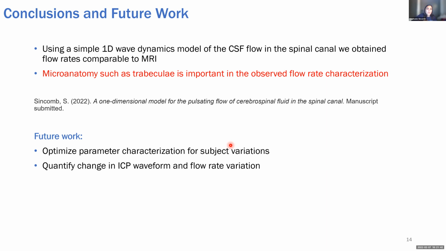We could optimize it in a conventional manner, as a simple optimization problem assuming that the compliance and the resistance are constant. But we could also take a step forward and try to optimize it for functions along the canal.